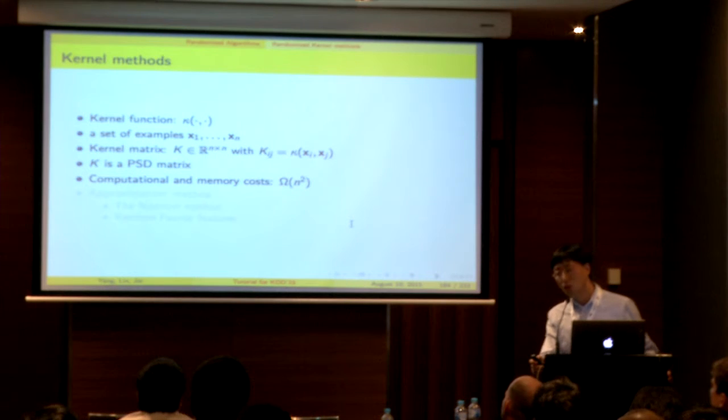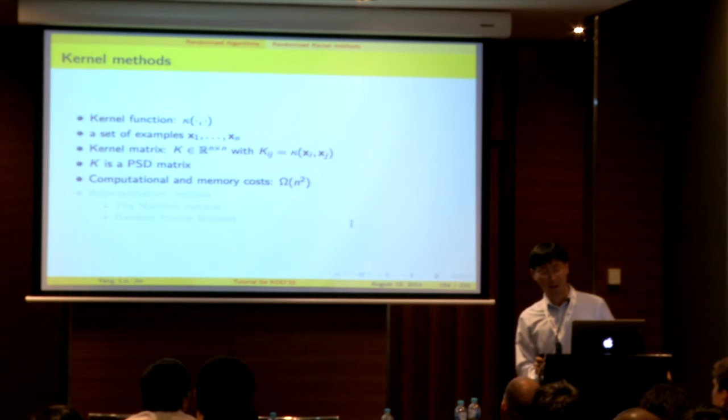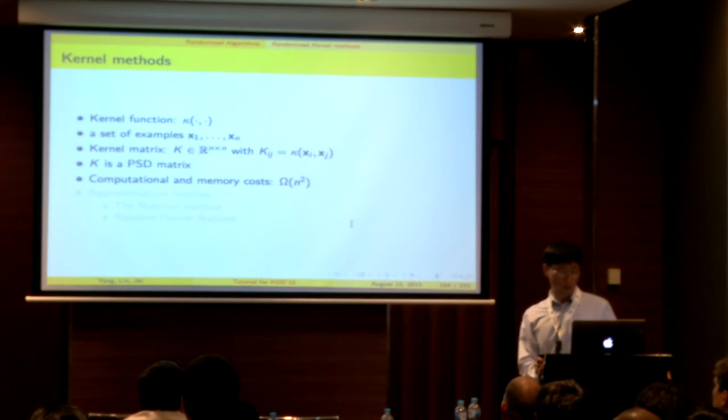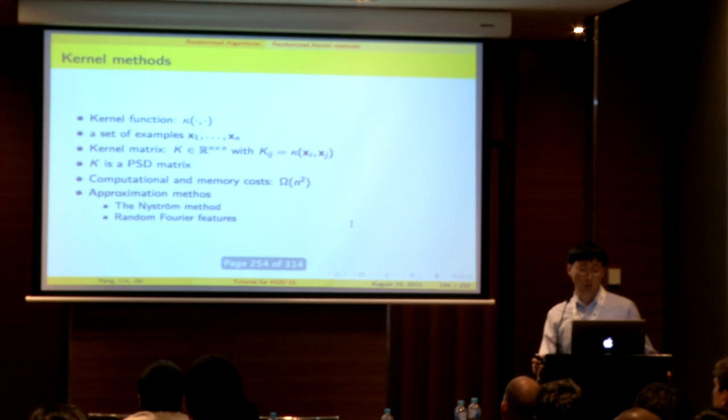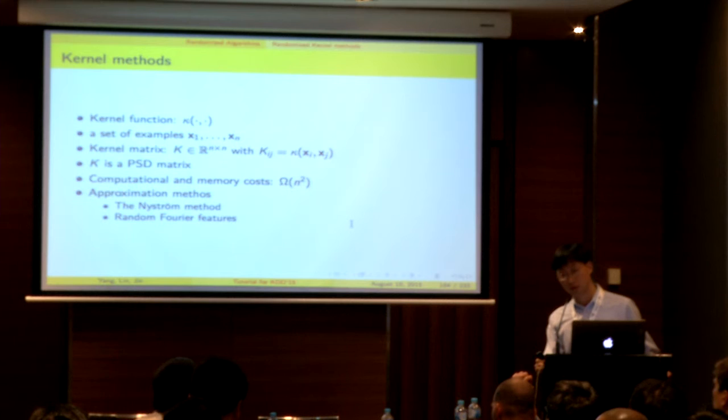But the computational and memory cost of using this kernel matrix is n squared, which could be a very large value for large data. For example, with SVM, a kernel machine on large data is very expensive to train. So here I'm going to talk about two approximation methods to reduce the cost of kernel methods.